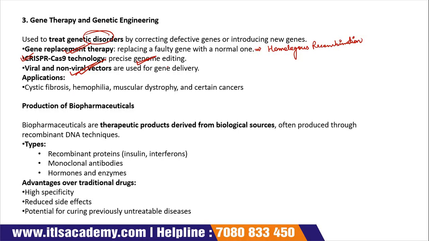In CRISPR-Cas technology, this is also a gene editing technology. Here we apply three concepts for the replacement or for the knockout. For knockout, we use the concept of non-homologous recombination.